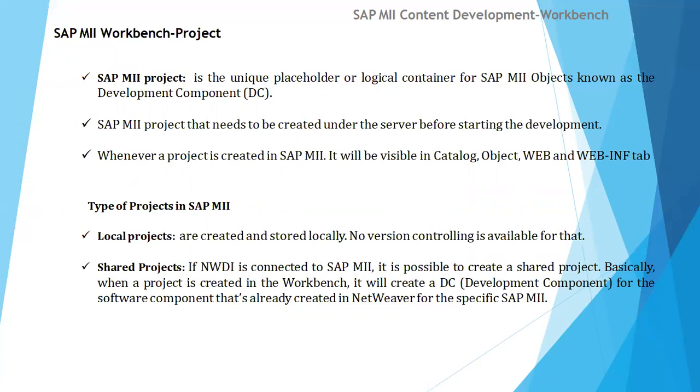Whenever you create a local project, it means you cannot control the version of the code. Suppose I have started a development and created one object, and today I made some changes. The latest changes will be saved and you will not be able to go backward.